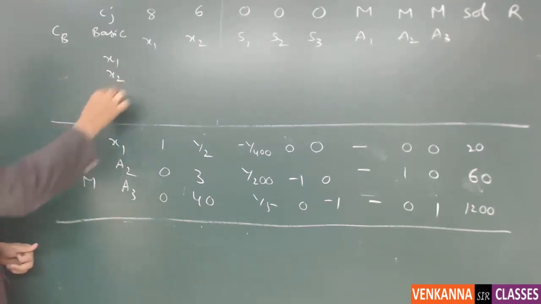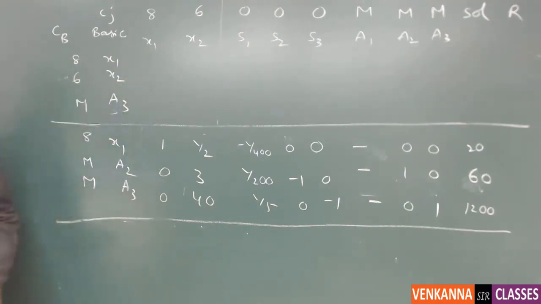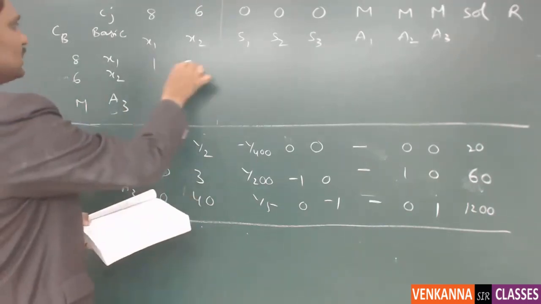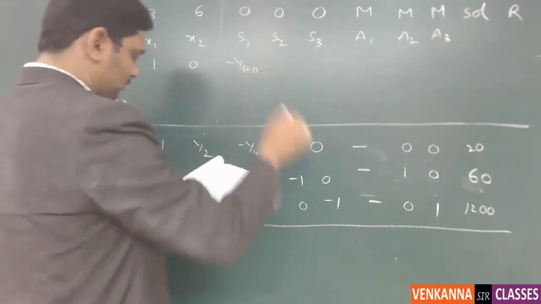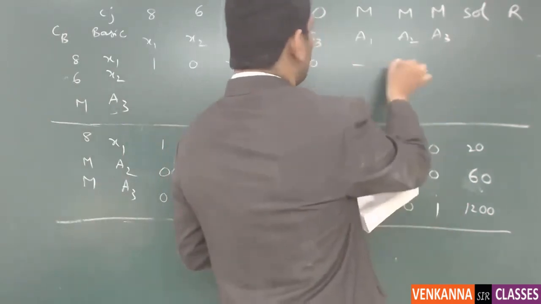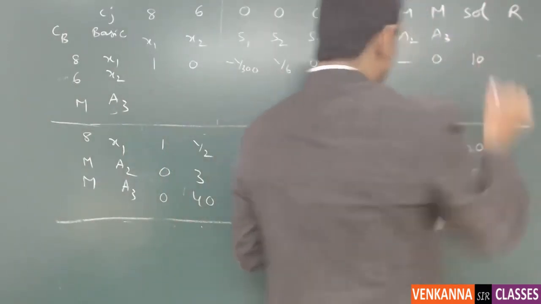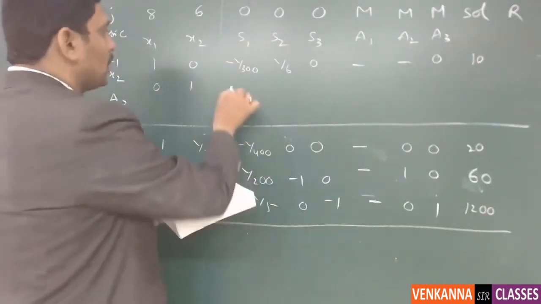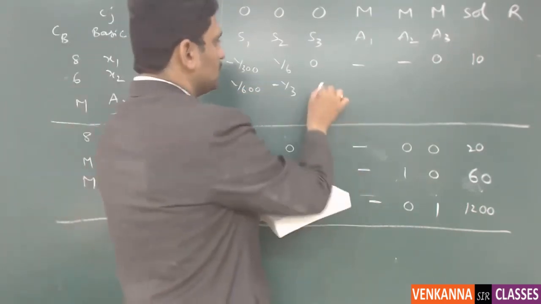x1, x2, a3, 8, 6, m, and the corresponding values will be taken like this: 1, 0, minus 1 by 300, 1 by 6, 0. Two variables are removed here, 0, and you have the value 10, solution value, and then you have 0, 1, 1 by 600, minus 1 by 3, 0.